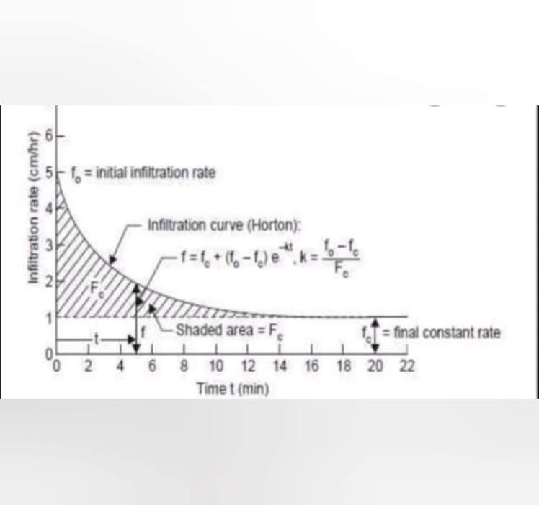Now K can be represented as F0 minus Fc divided by capital Fc. F0, as I told earlier, is the initial infiltration rate, Fc is the final infiltration rate, or the infiltration rate at saturation, and capital Fc is the shaded area. So from this we are able to obtain K.